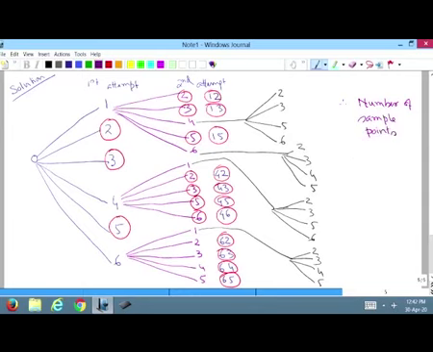One length we have 2, 3, 5. Length of 2 we have 1, 2, 3, 4, 5, 6, 7, 8, 9, 10, 11. And in this case we have 4 plus 4 plus 4 plus 4, that means 16. So, total 30.